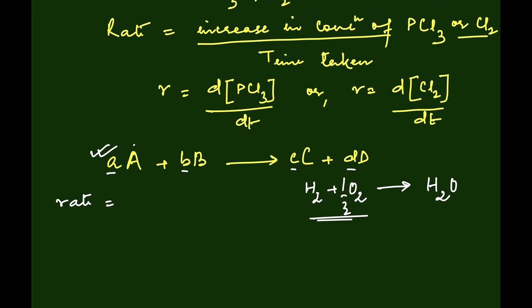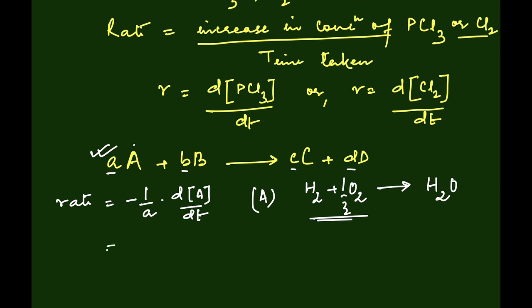The rate of this general reaction will be equal to minus 1 by a, the reciprocal of the coefficient, into d concentration of A by dt. So if we want to write the rate of reaction in terms of the reactant A, the rate will be this.